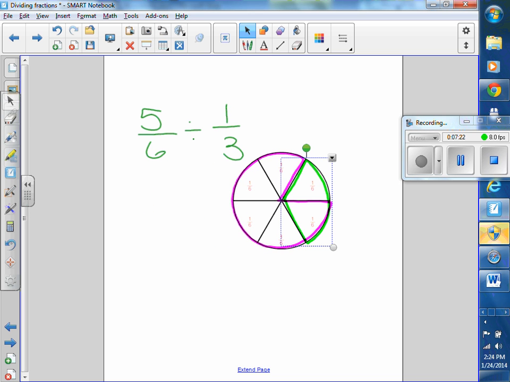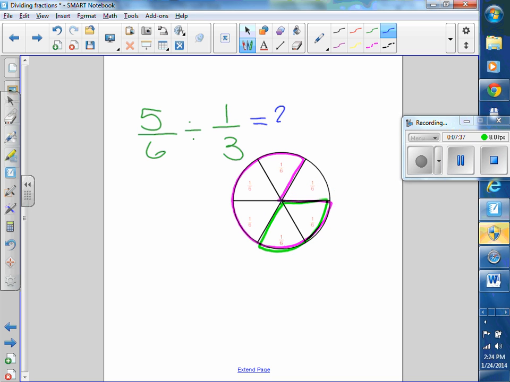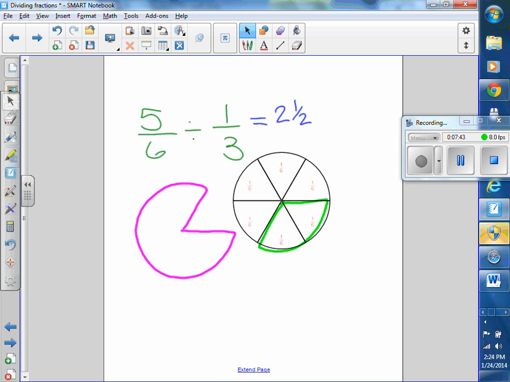How many 1/3? So definitely more than one, right? 2.5. Who's that? This is 2.5. I know, right? It makes it so much easier. But can you see that? Here's one.